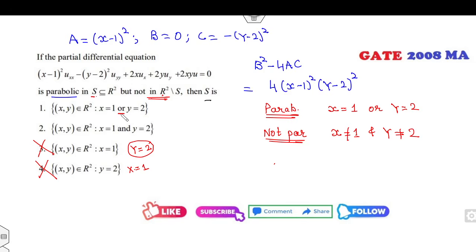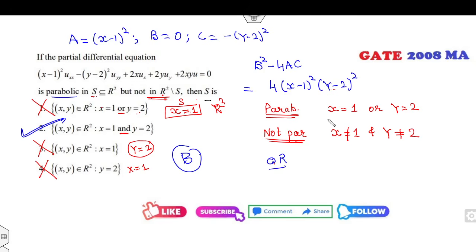Now if I choose or, I can choose x equal to 1 only because it's an or, then y equal to 2 will be satisfied. That means this case is also not satisfied. If I choose S as only x equal to 1, then R2 will involve y equal to 2. So the only right answer is B.